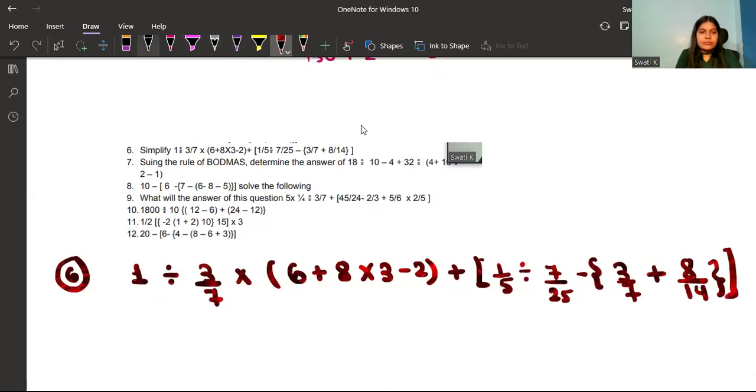To solve this, I'm going to solve the small bracket first, because you know that the small bracket is solved first.